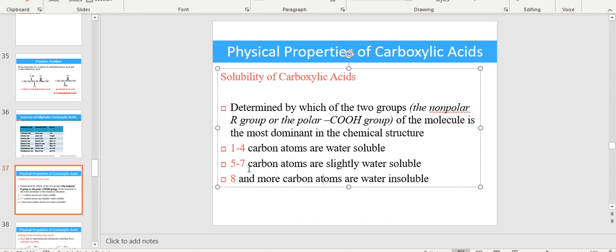It's got a whole other oxygen on there. So as aldehydes and ketones became insoluble at 5, these can go up to 7, and at 8 carbons, this thing becomes insoluble.